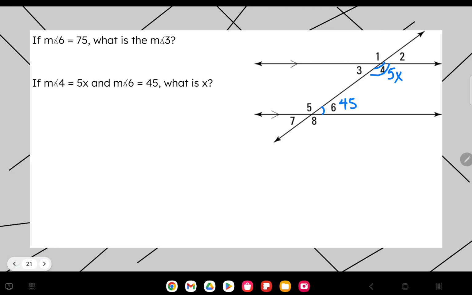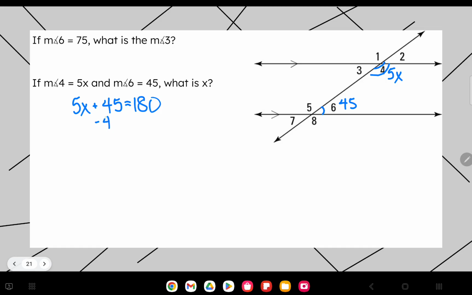Angle 6 is acute, and angle 4 is obtuse. So since they all need to be either supplementary or congruent, they are supplementary. And supplementary means that they add up. 5x plus 45 equals 180.